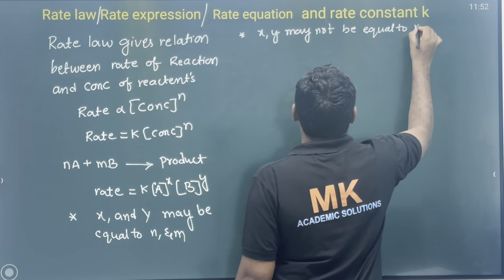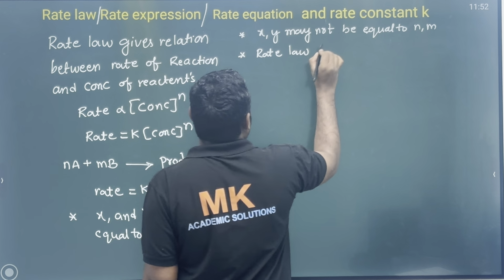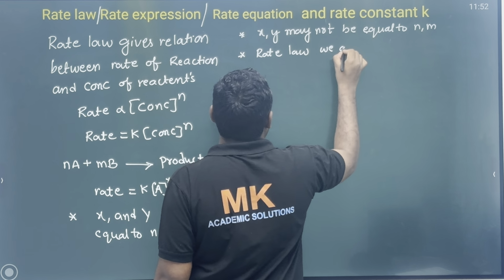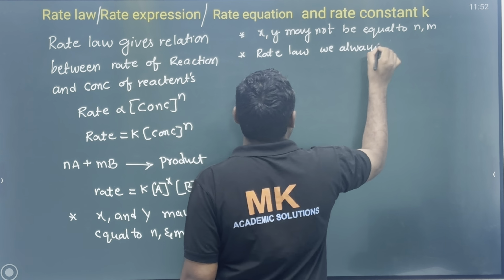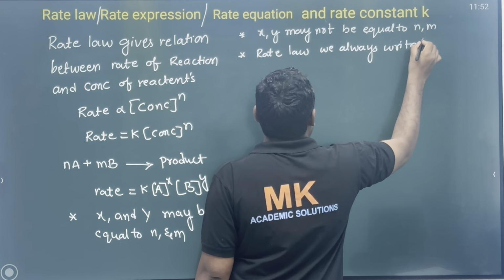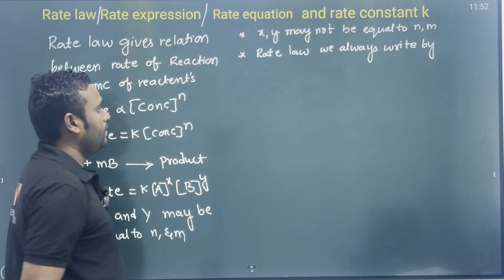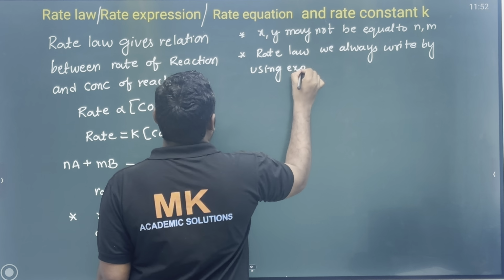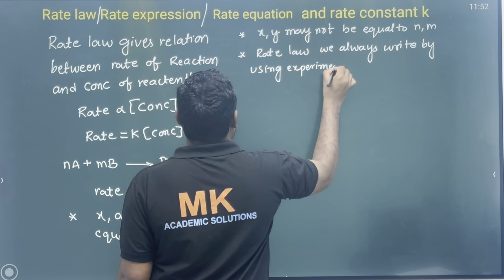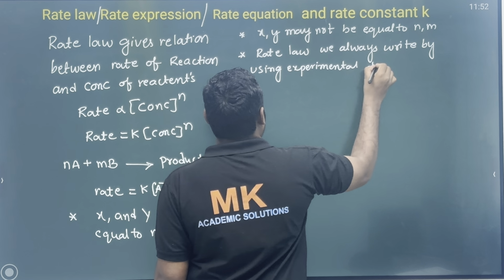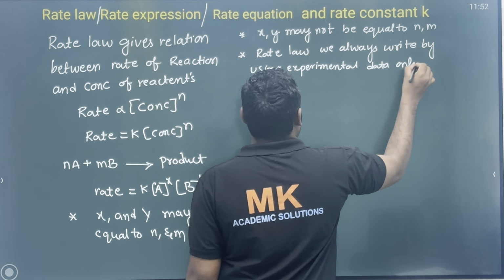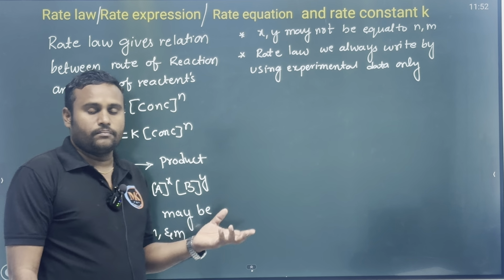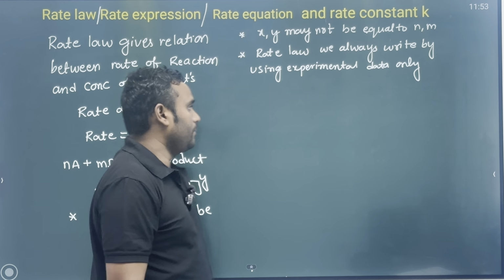So here rate of reaction or rate law we always write by using experimental data only, but not by simply seeing the balanced chemical reaction.